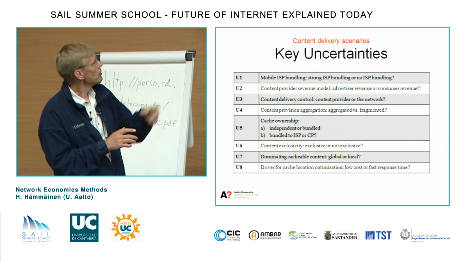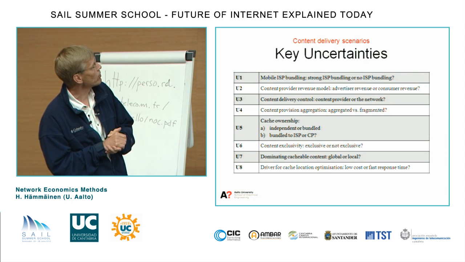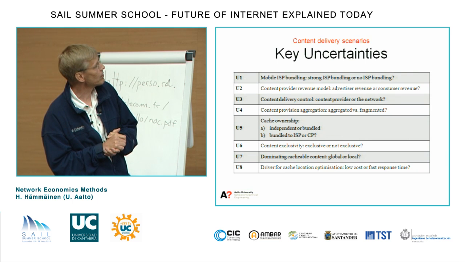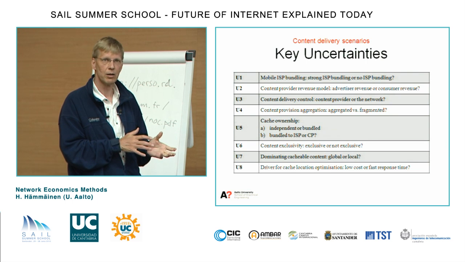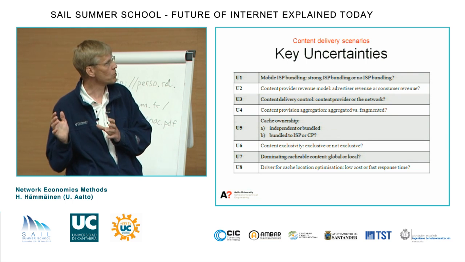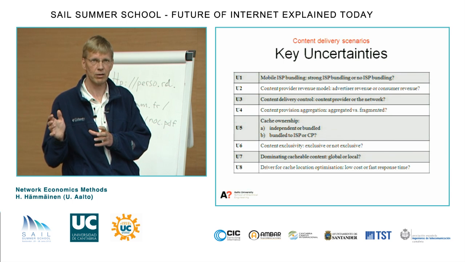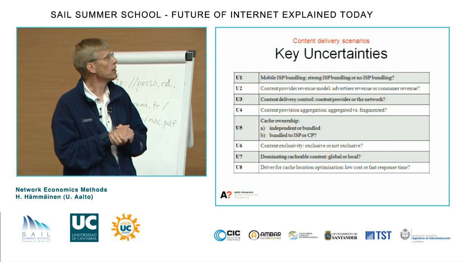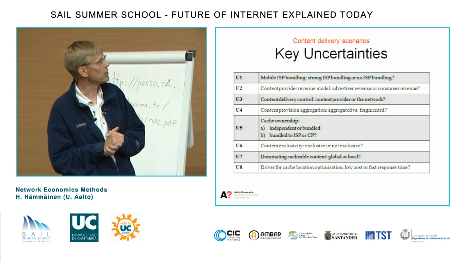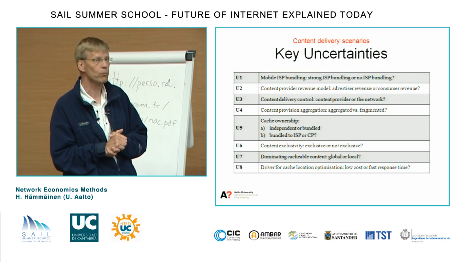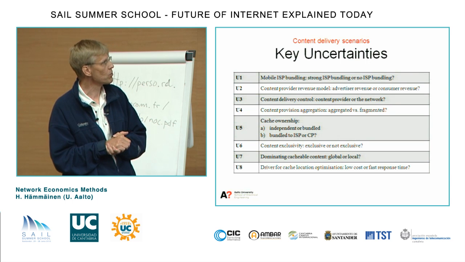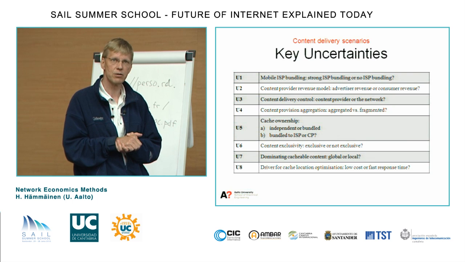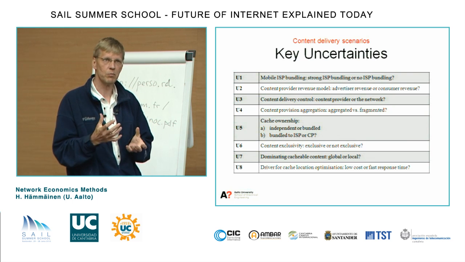In some countries it is very strong, but there are countries where it's extremely weak, and this is about the power game. Then content provider, the number 2 here, content provider revenue model. So there are strong signs of both advertisement-based revenue model and consumer-based revenue model, transaction or flat rate. And this actually represents a different value network. So who is paying? Is it the consumer who is paying, or is it the advertiser who is paying concrete money?